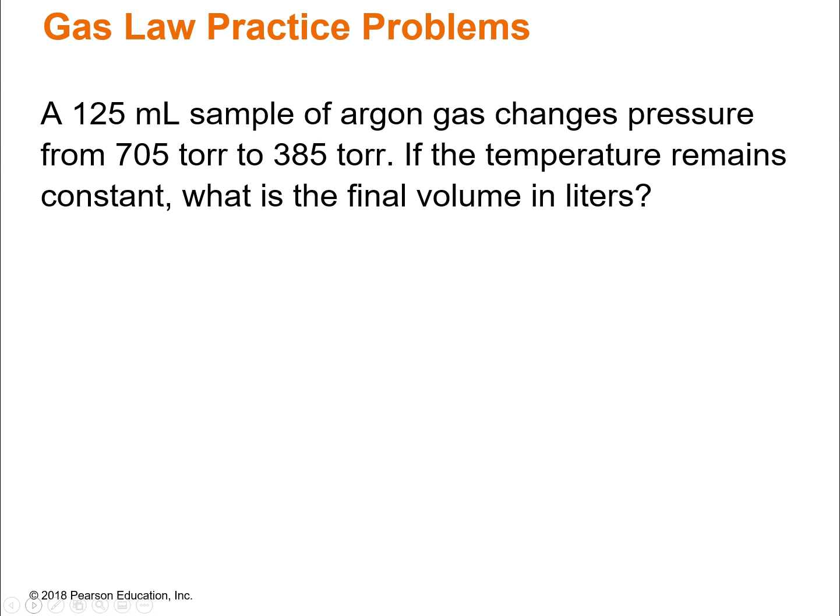So last gas law problem. 125 milliliter sample. Changes in pressure from 705 torr to 385 torr. Temperature remains constant. What's the final volume in liters? So we have a volume and pressure.